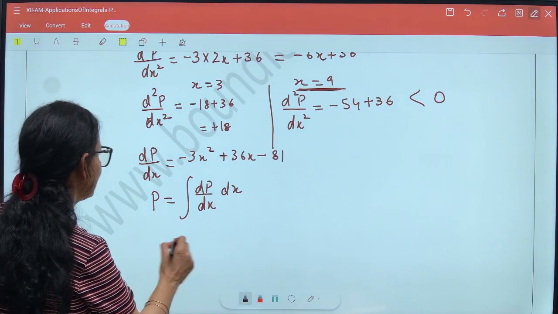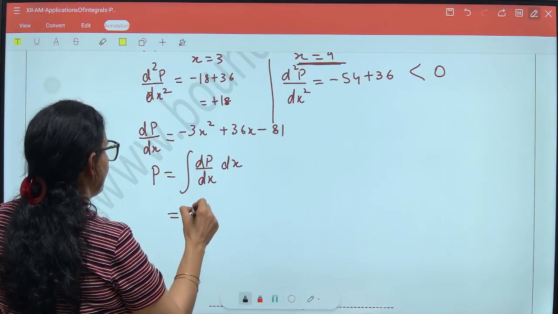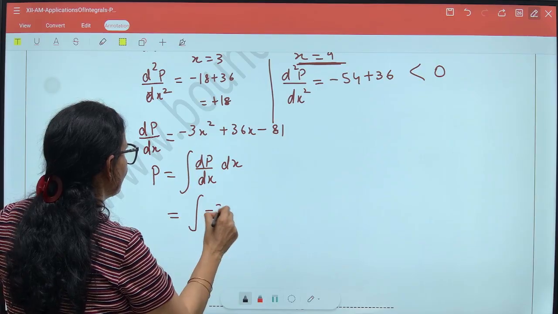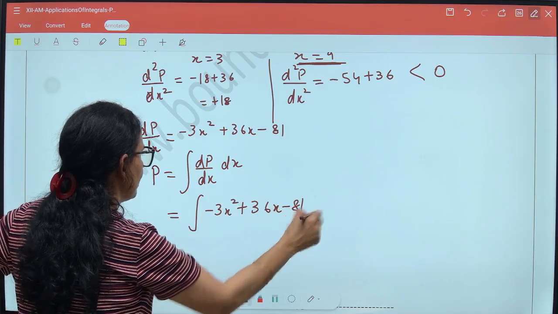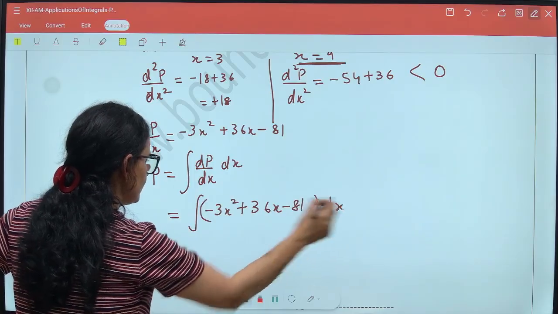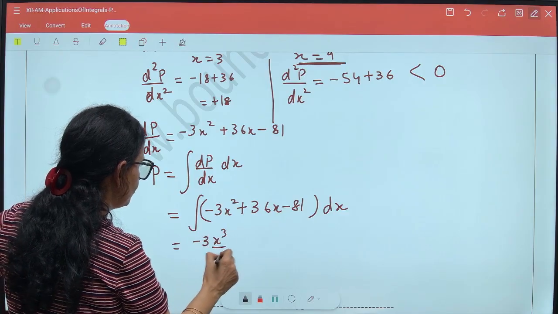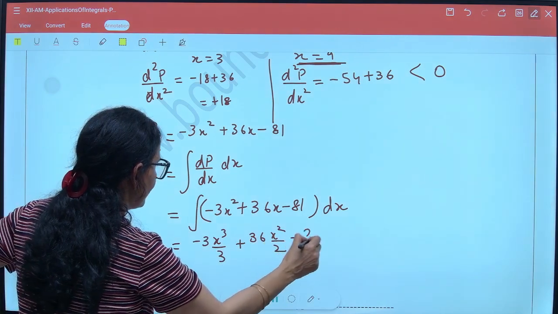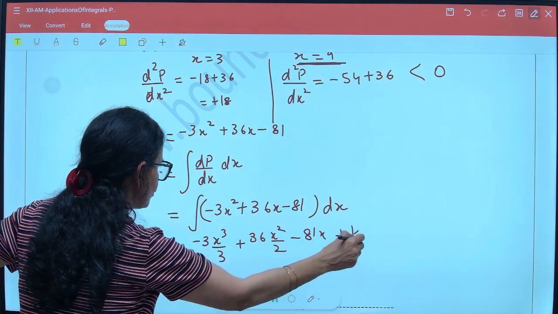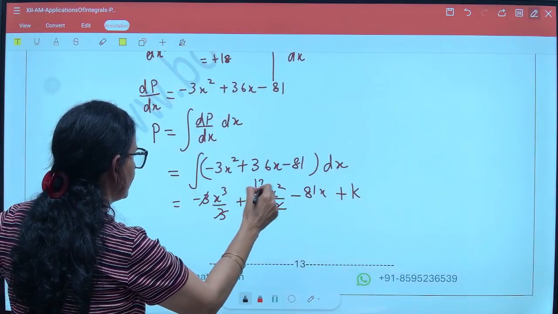So let's integrate the marginal profit. So it is going to be the integral of minus 3x square plus 36x minus 81 with respect to x. Integrate this, what do we get? We get minus 3x cube upon 3 plus 36x square upon 2 minus 81x plus the constant of integration. 3 gets cancelled, 2, 18.